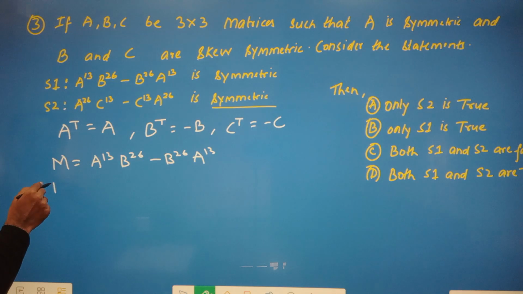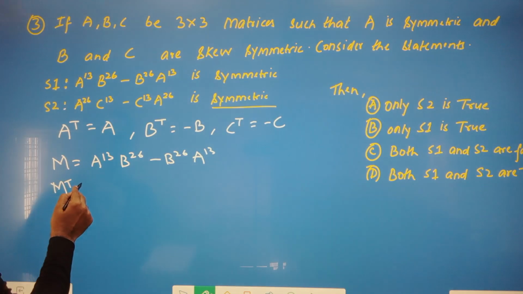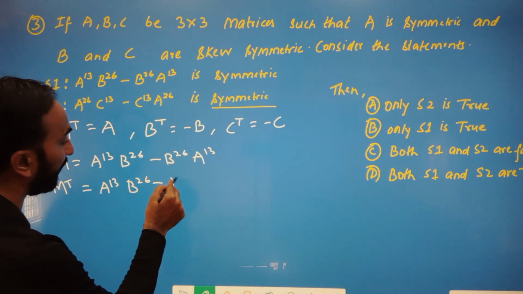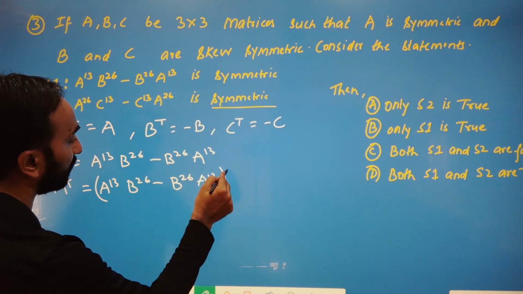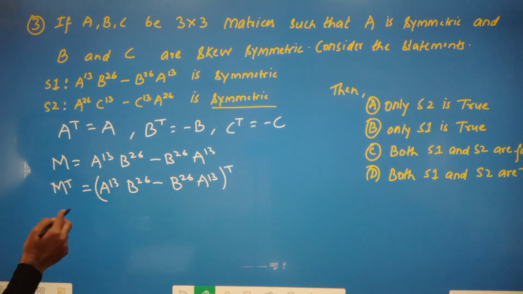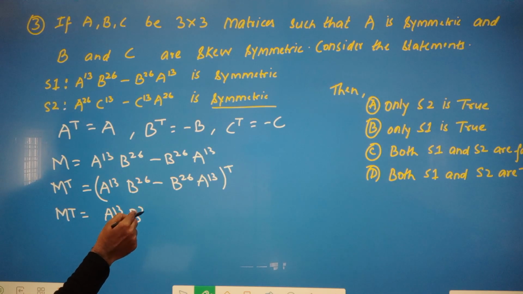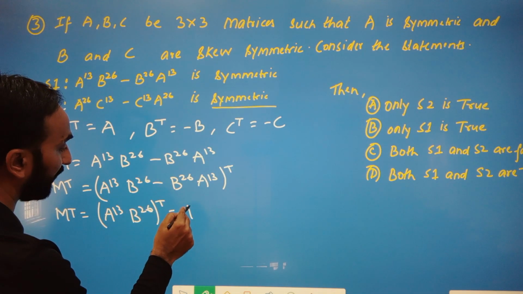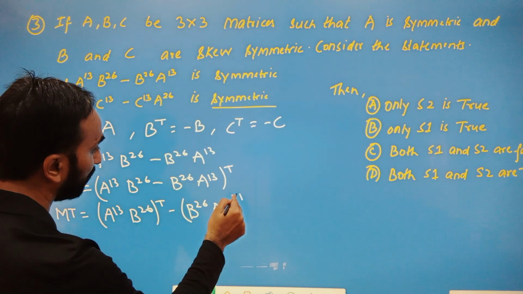Now I will transpose the matrix, and this will become M transpose, and I can write it as A13 B26 minus B26 A13, whole transpose. Now I can simplify it as A13 B26 transpose minus B26 A13 transpose.